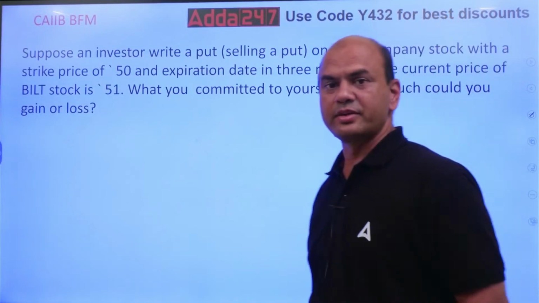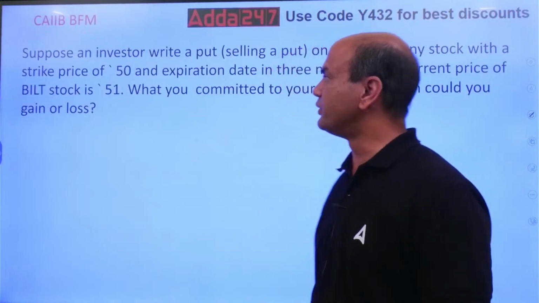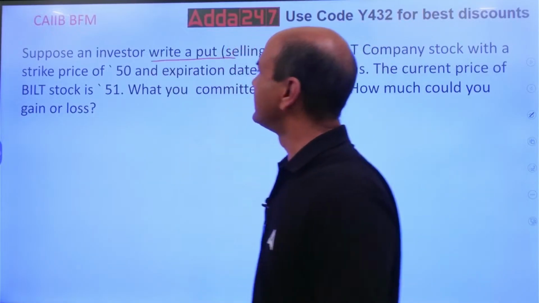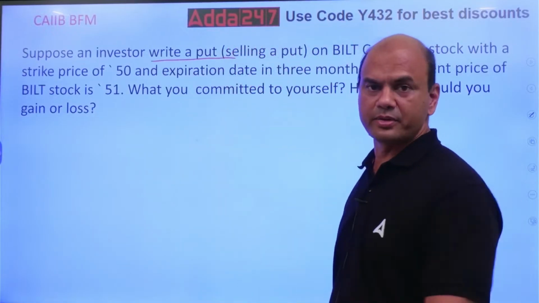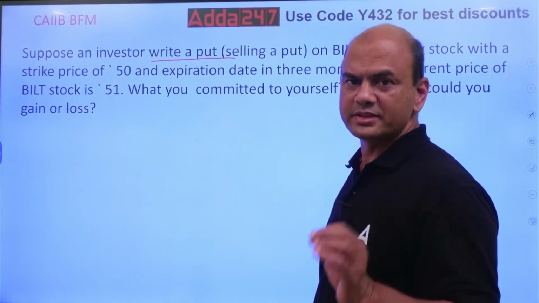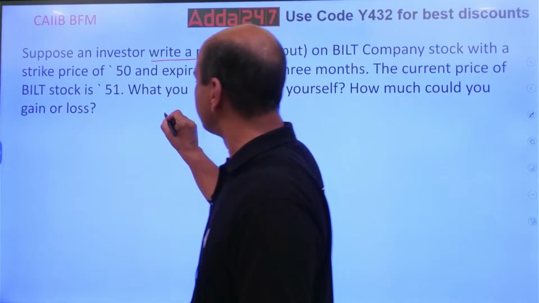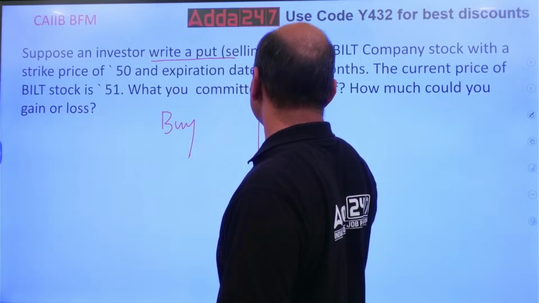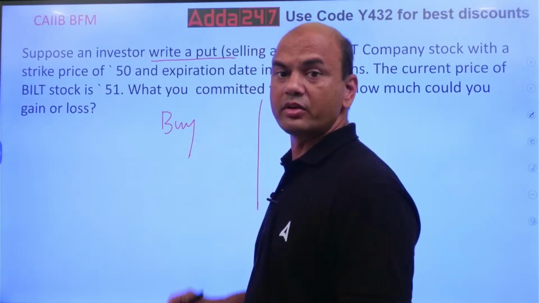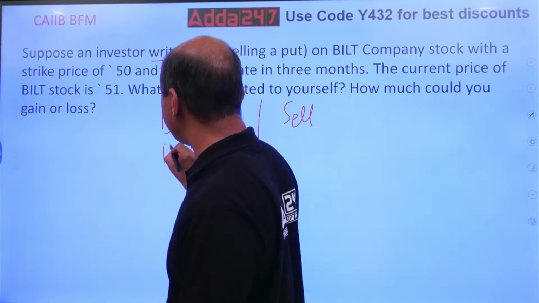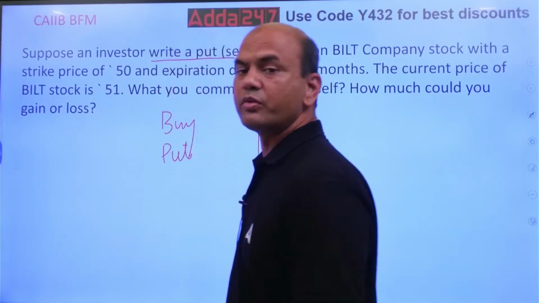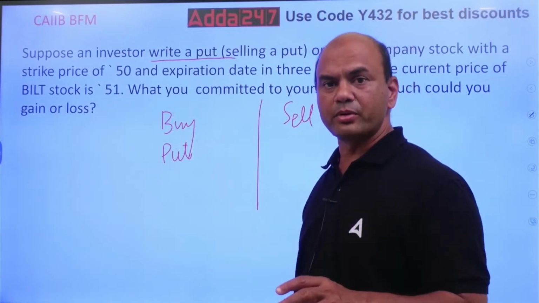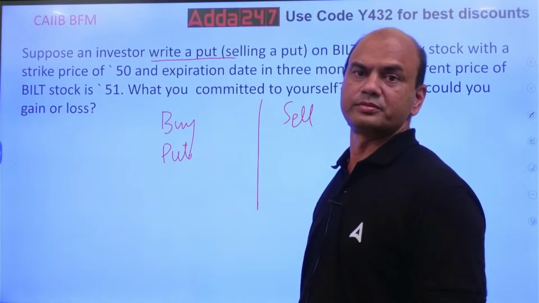Next one, second one. Suppose an investor writes a put. Now understand this word: writes the put. What is writing of the put? Kindly understand one point. There are two things: one is buying and second is selling. Whenever you buy the put, you gain when the market goes down.